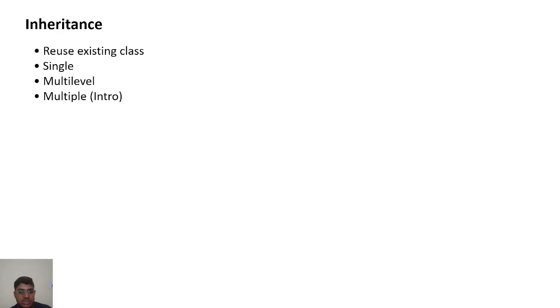So the syntax is simple. Class Parent, then it is a parent class, whereas class Child, then parentheses and write Parent.